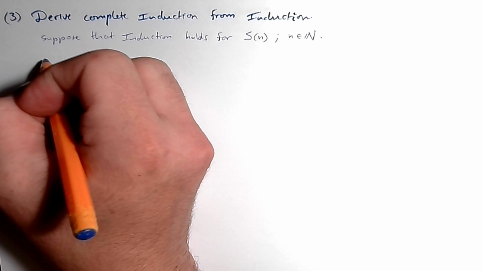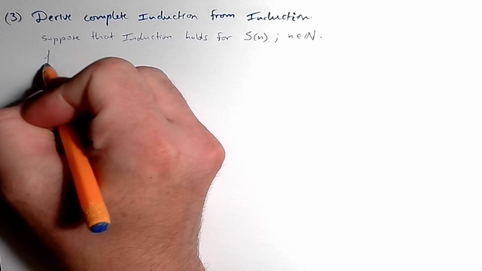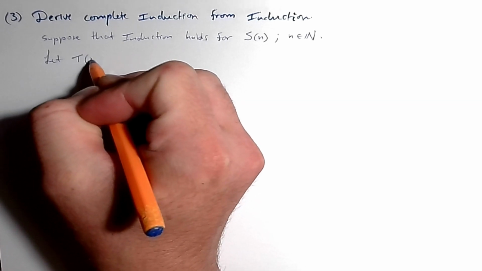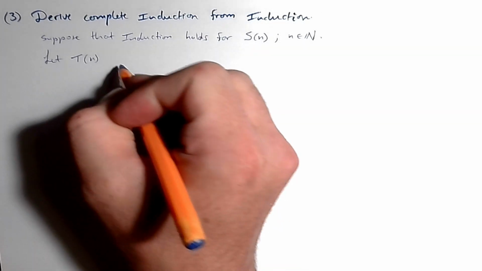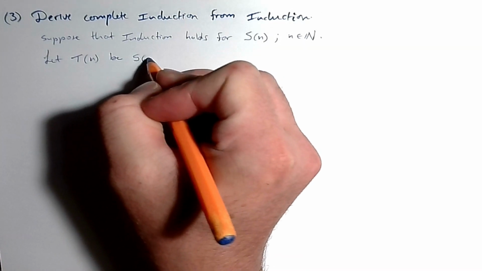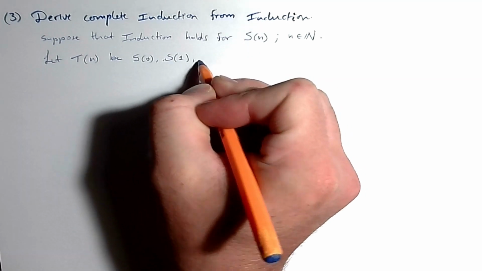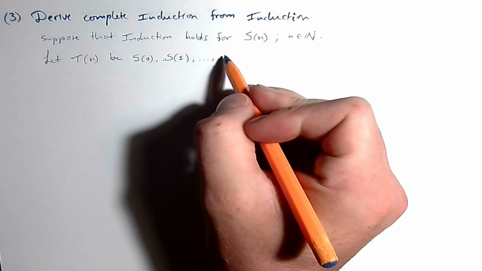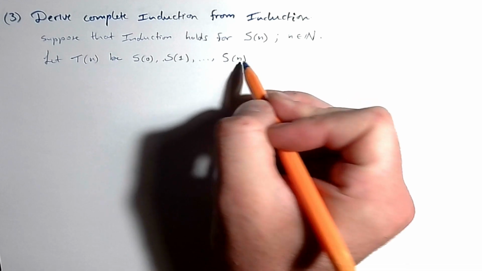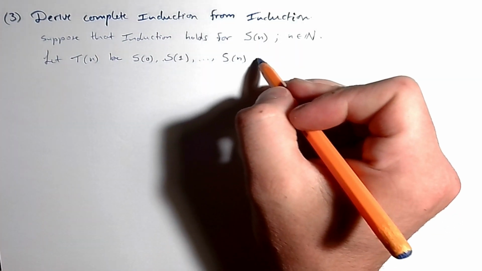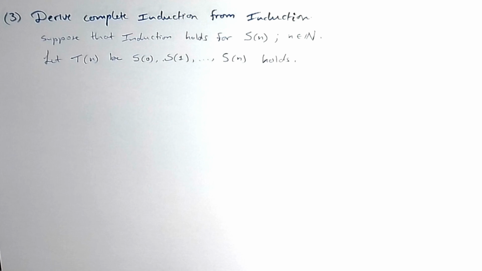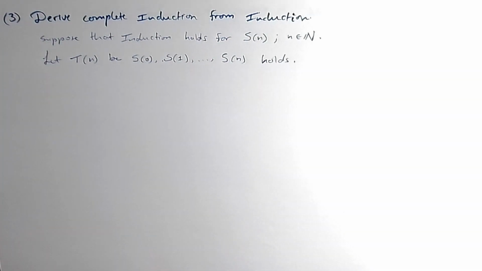Then let T of n be the statement that all preceding statements on the natural numbers for that arbitrary statement hold.